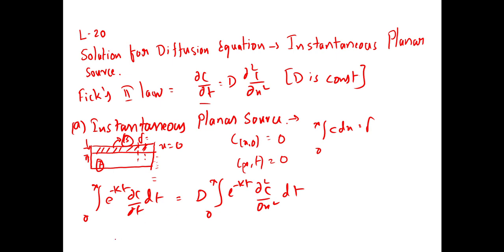Considering only the LHS, the integral from 0 to infinity of e raised to minus kt times dou c by dou t dt, we integrate by parts because it's exponential and here it is dou c by dou t. So we will apply the u, v rule.